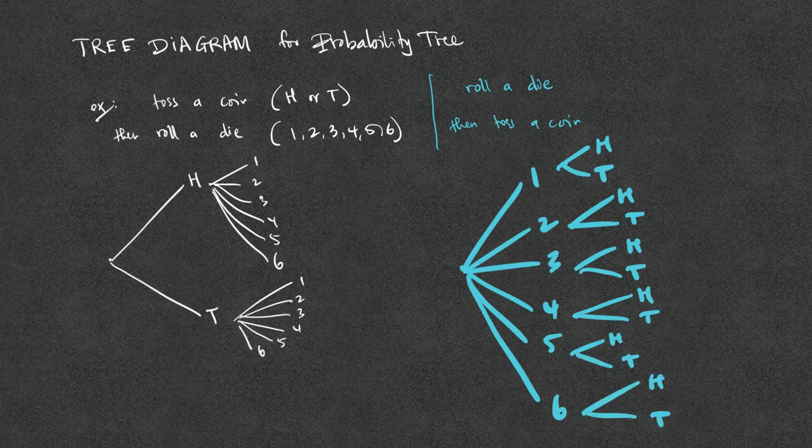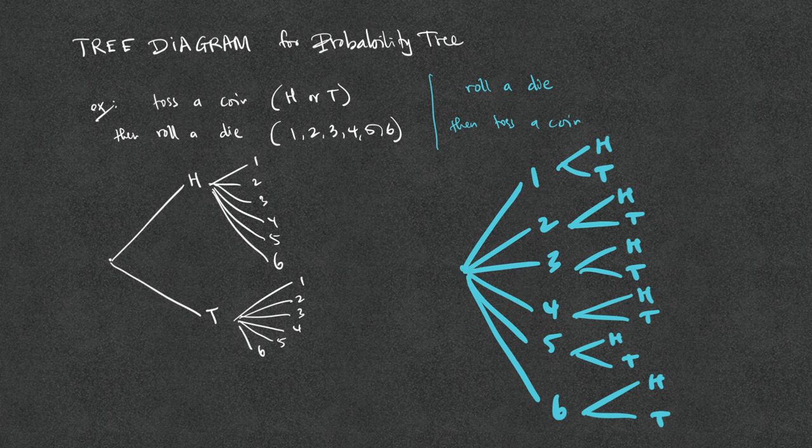The number of branches that we would need to draw first from one point depends on how many outcomes the first event consists of. If the first event consists of 2 outcomes only, we would draw 2 branches, and if the first event consists of 6 outcomes, we would draw 6 branches.